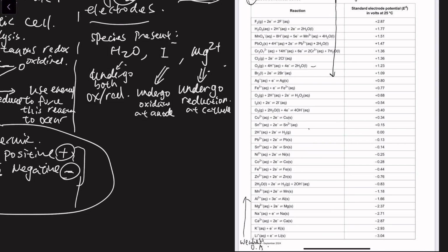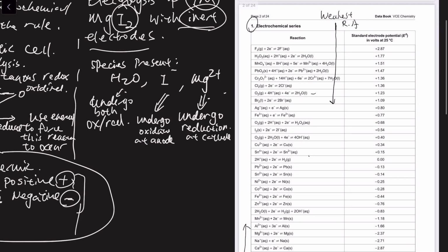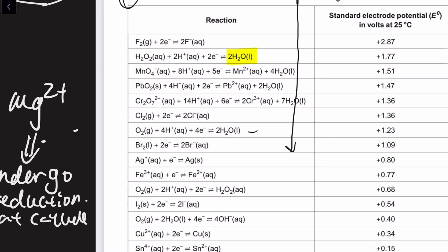So now let's go back to our question. We know we have water present, so maybe it's helpful to find where water is in our electrochemical series. Starting from the right hand side, it's addressing the possibility for water to undergo oxidation. We have water here.